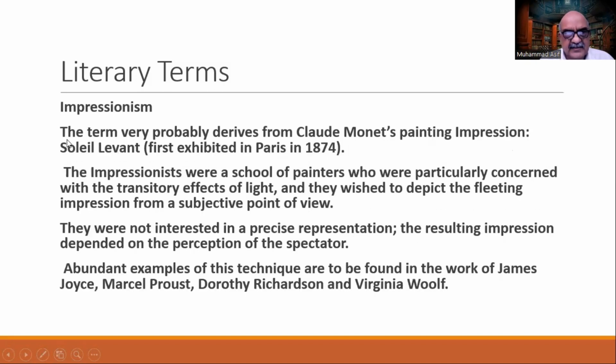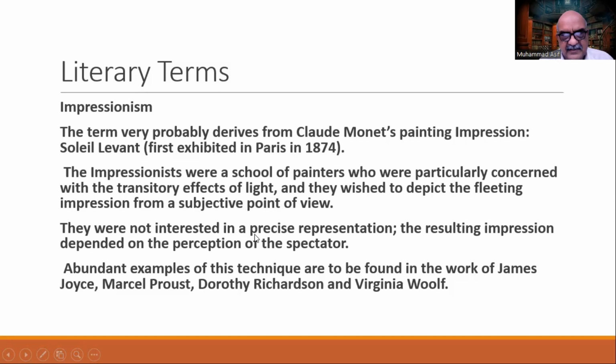Impressionism, another modernist movement. The term very probably derives from Claude Monet's painting Impression, Soleil Levant, first exhibited in Paris in 1874. The Impressionists were a school of painters who were particularly concerned with the transitory effects of light, and they wished to depict the fleeting impression from a subjective point of view.